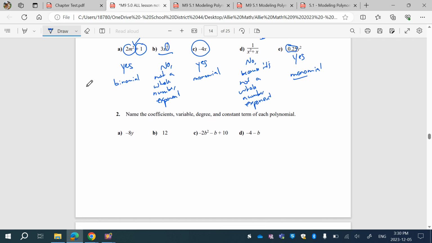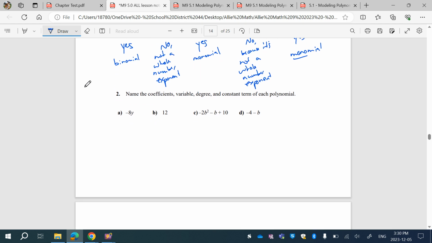Okay, let's look at the next one, and I might make a little chart for this one. It asks us to name the coefficients, variable, degree, and constant term. So let's start over here. Let's go coefficient. Let's do variable. Let's do degree.